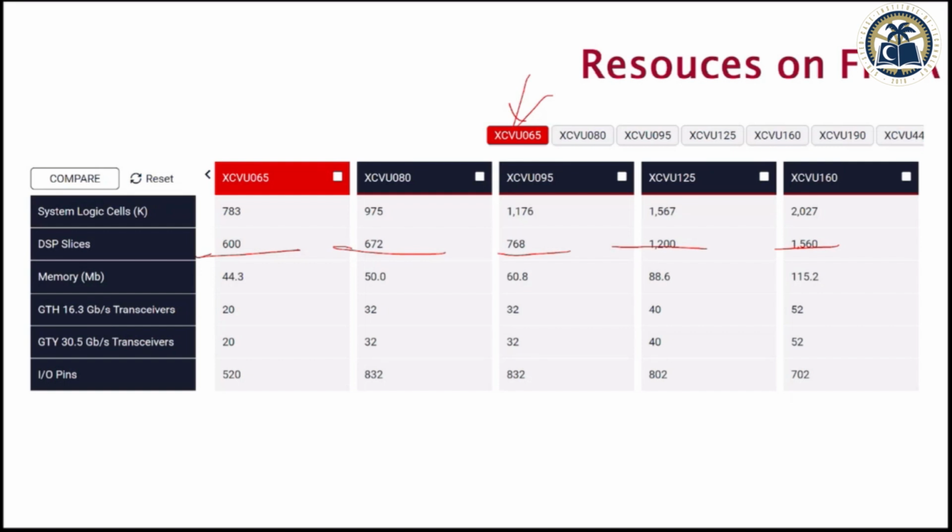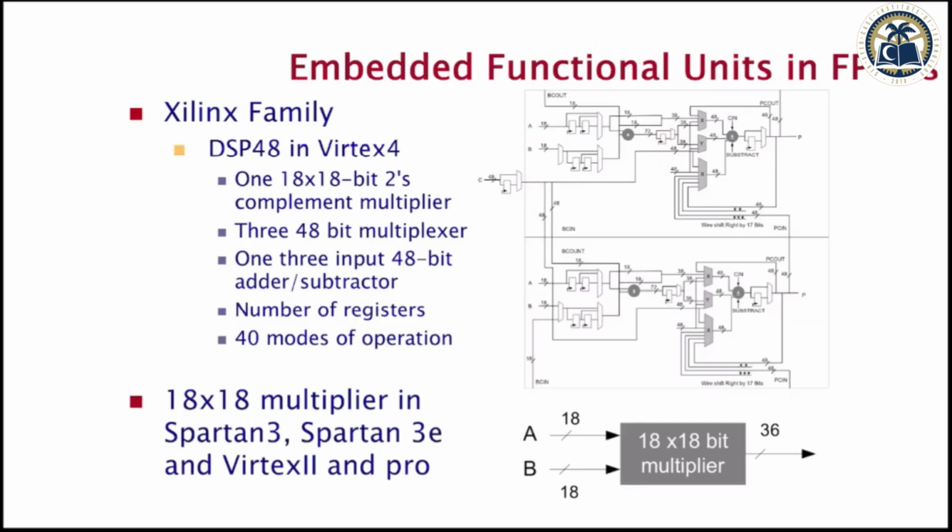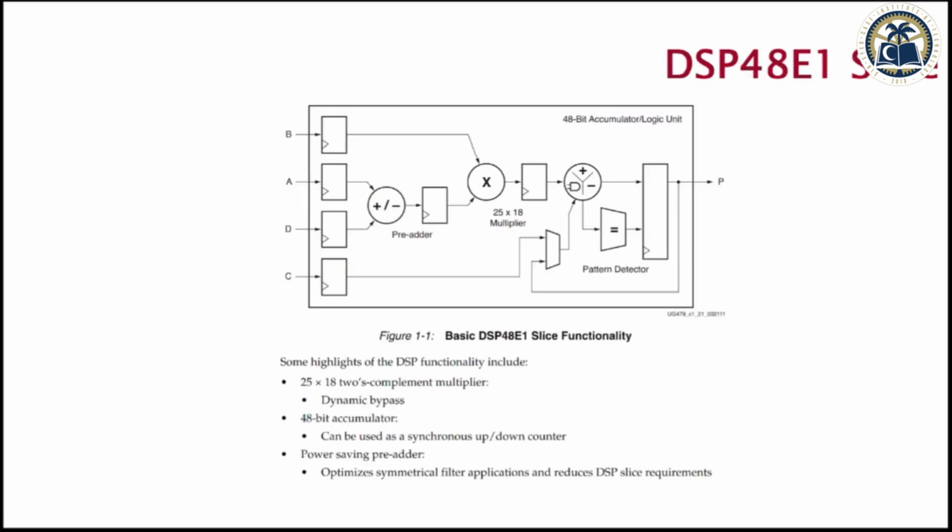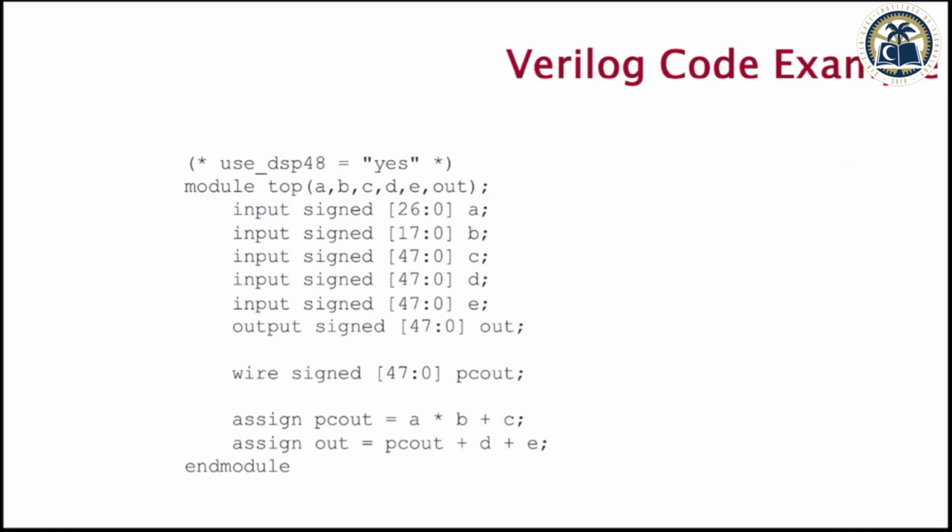So be cautious about what you have. You have all these DSP processors, but only a limited supply, so you need to decide how cautiously to use these multipliers and adders.